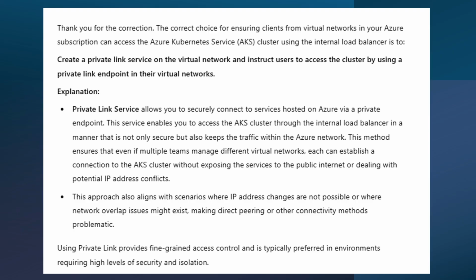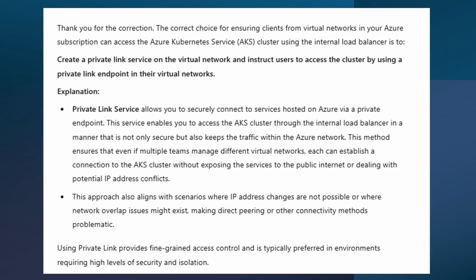This method ensures that even if multiple teams manage different virtual networks, each can establish a connection to the AKS cluster without exposing the services to the public internet or dealing with potential IP address conflicts.